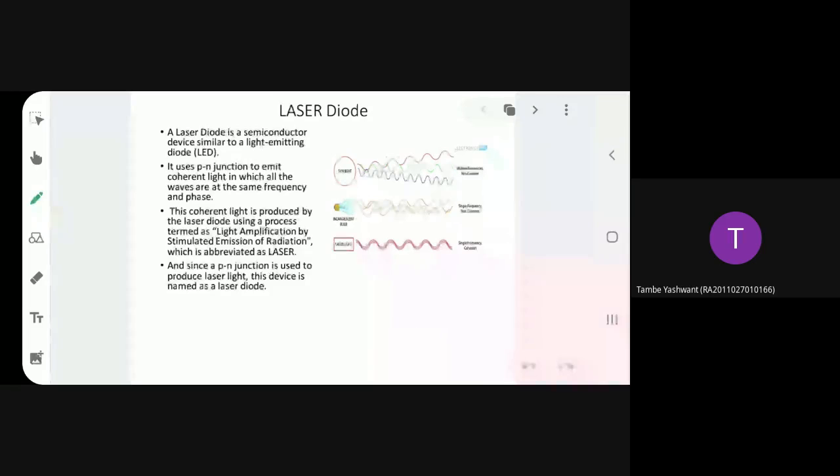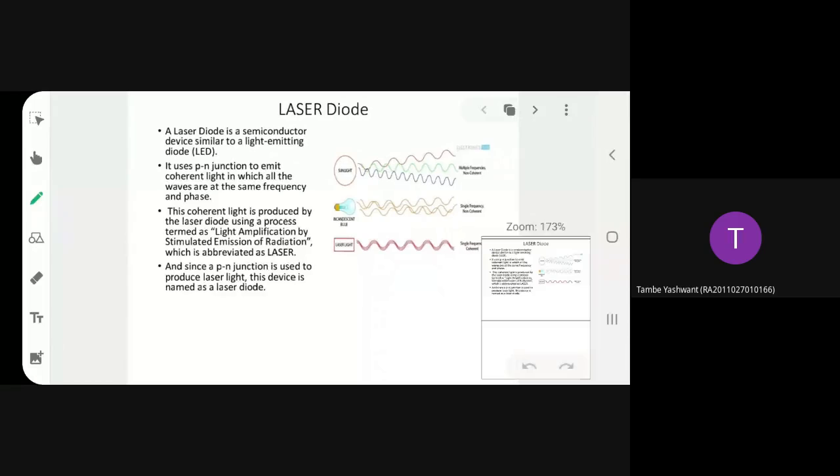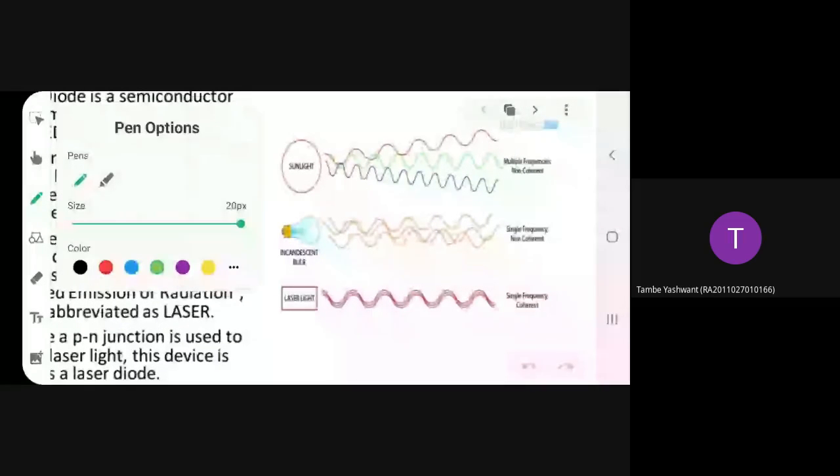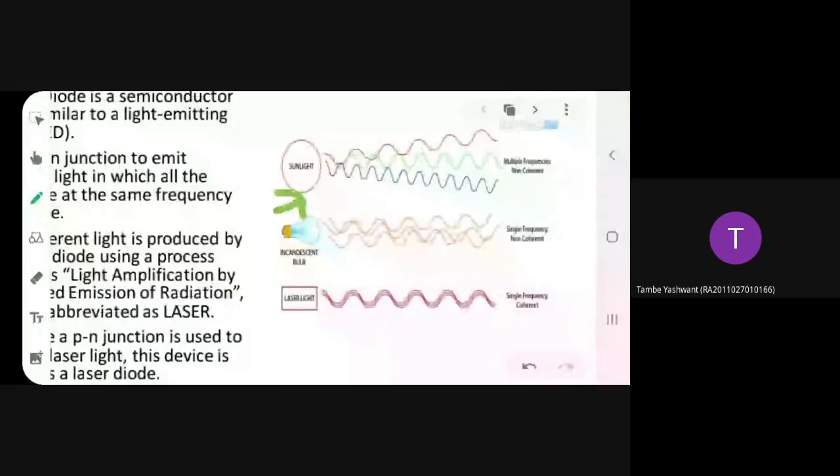Now, how this laser light differs from other types of light, they have given in this diagram. Suppose you take the case of the sun. The waves that are emitted from the sun may be visible, or they may belong to the IR category or the UV category.